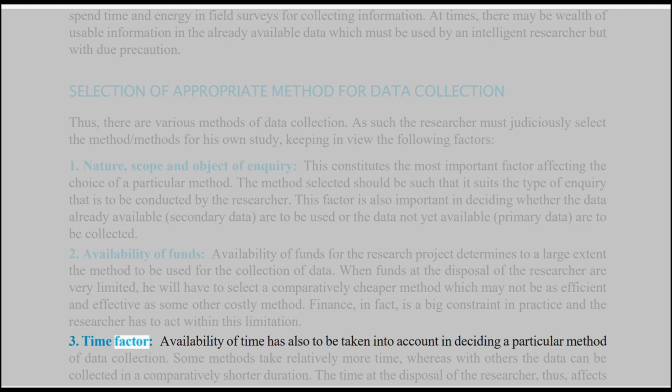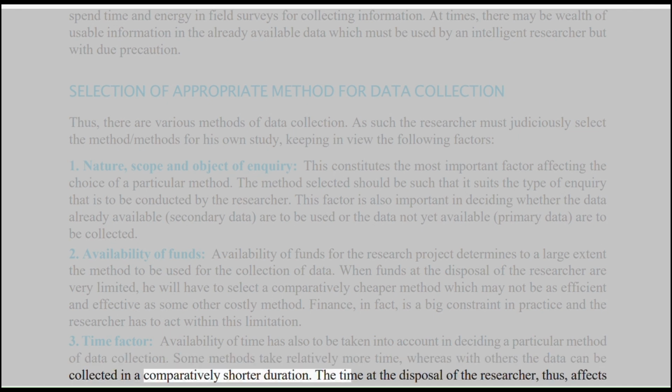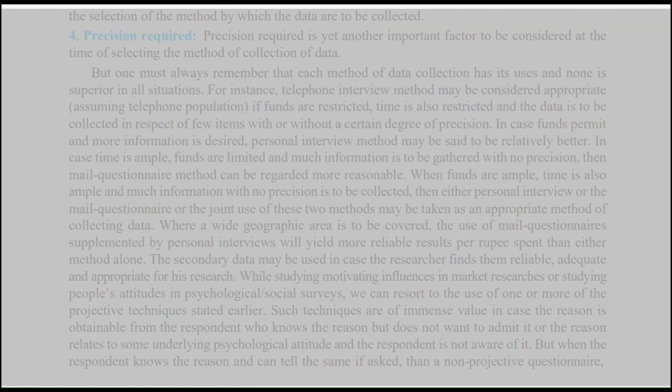Time factor. Availability of time has also to be taken into account in deciding a particular method of data collection. Some methods take relatively more time, whereas with others the data can be collected in a comparatively shorter duration. The time at the disposal of the researcher, thus, affects the selection of the method by which the data are to be collected.